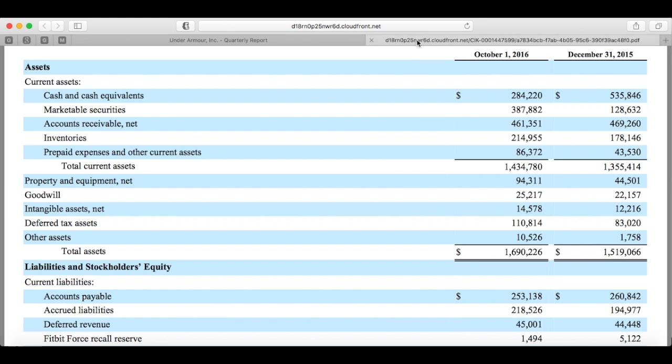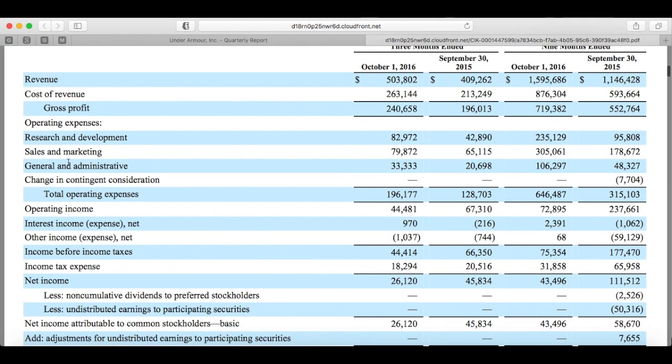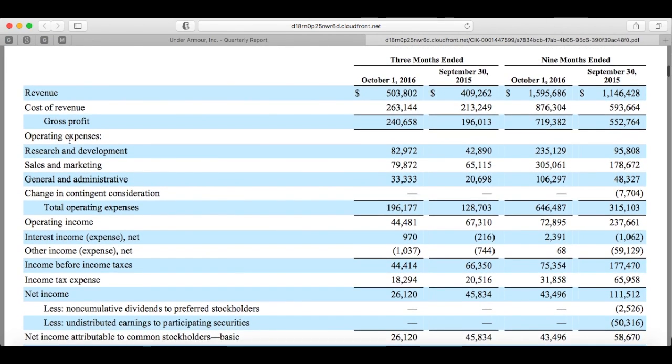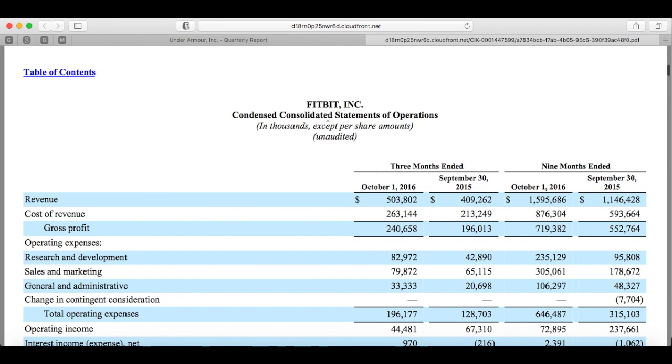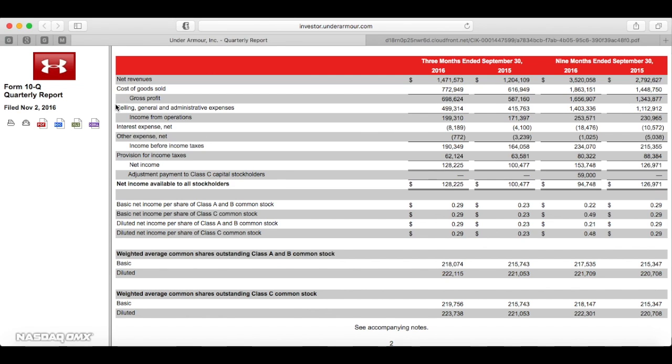Now, I'm going to show you this company over here. Just happens to be Fitbit, actually. So notice that this is their income statement, Fitbit's income statement. They actually break out research and development, sales and marketing, general administration. I just wanted to show you that Under Armour really consolidates it all into one. So the selling, general, and administration expense.